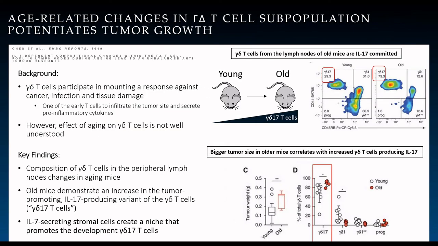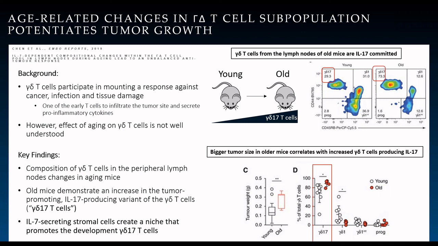So here is a very exciting paper that came out last year where they were studying the role of gamma delta T cells in cancer progression. Gamma delta T cells are known to be one of the first population of T cells to mount an anti-tumor immune response.